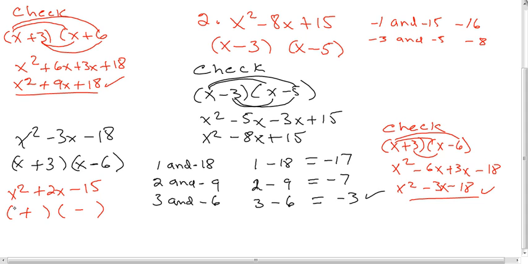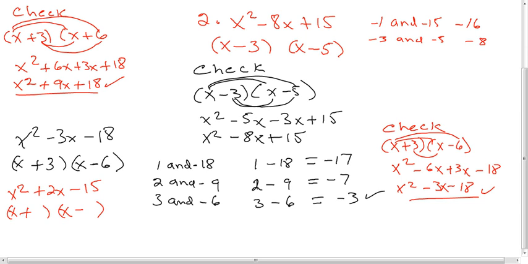We also know that x will be our first term in our binomials. And now we'll take a look at what are the factors of 15 that will add together. And remember that the larger term must be positive.